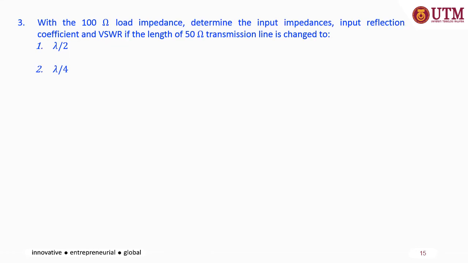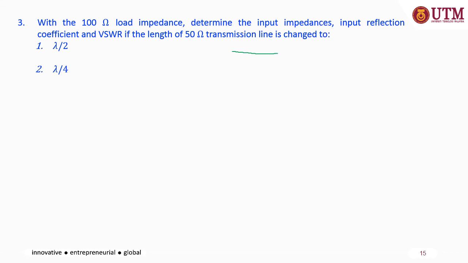Okay, let's move on to the last question, question 3. With the 100 ohm load impedance, determine the input impedance, input reflection coefficient, and VSWR if the length of the 50 ohm transmission line is changed to, okay, you have different lengths now.